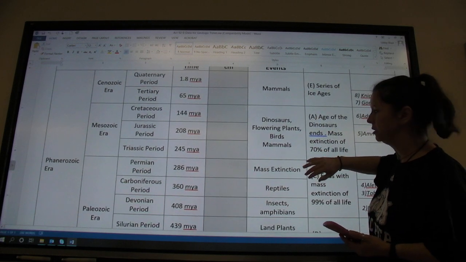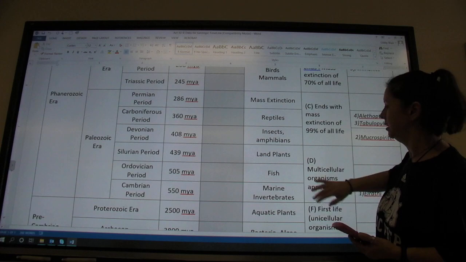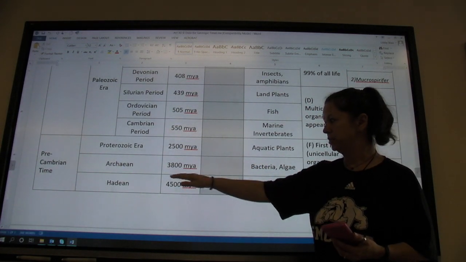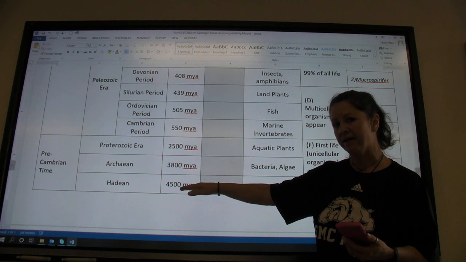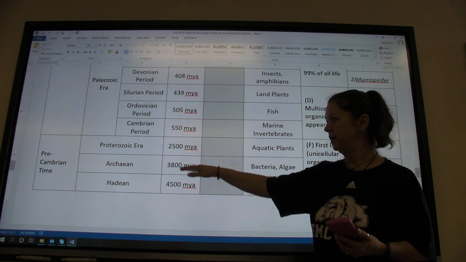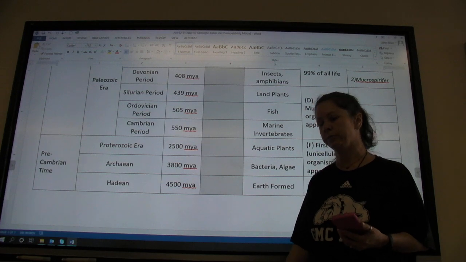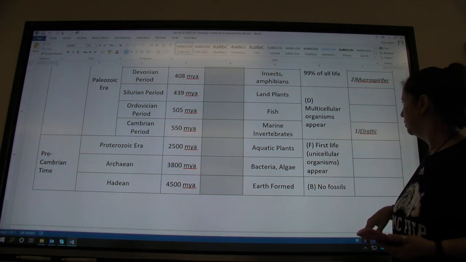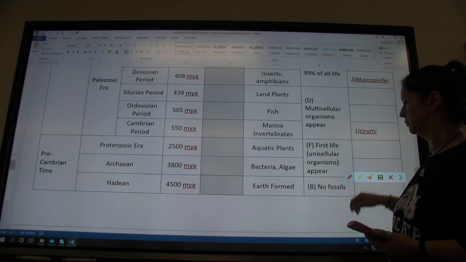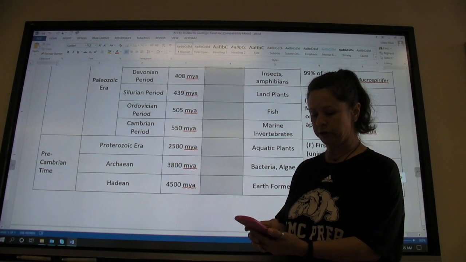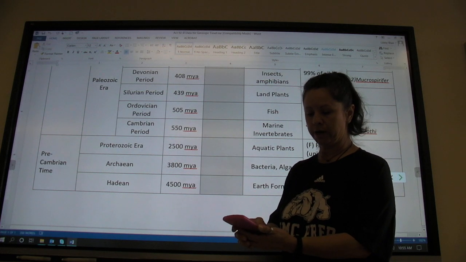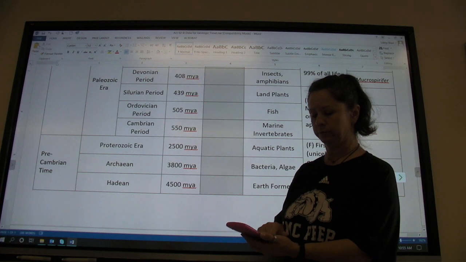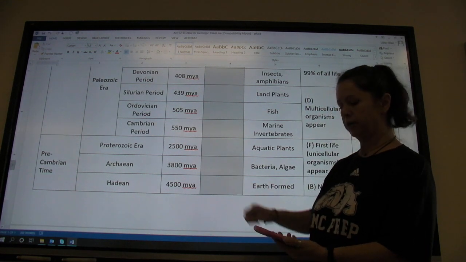Again, it is easier for you to work this data if you start at the bottom and go up, because the Hadeans started 4,500 million years ago. It ended 3,800 million years ago. So do that math. Okay, 4,500, and just do it on your calculator, minus 3,800 equals 700.